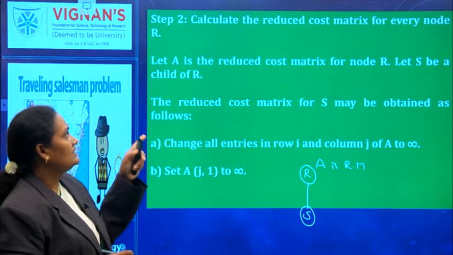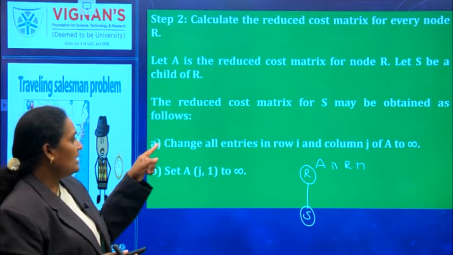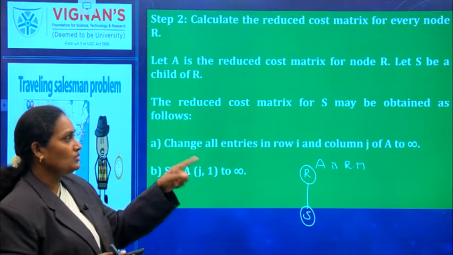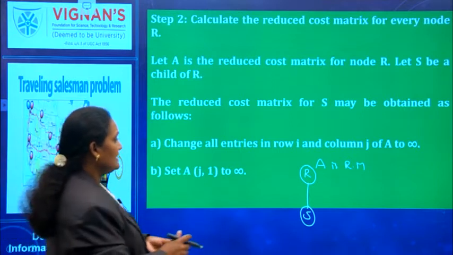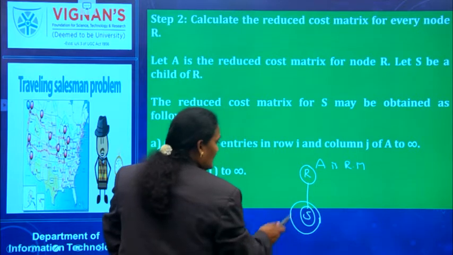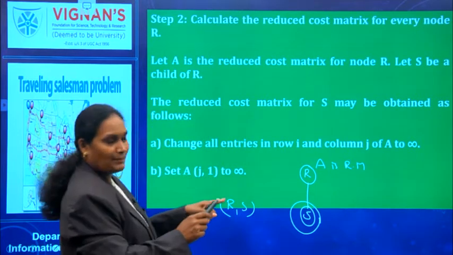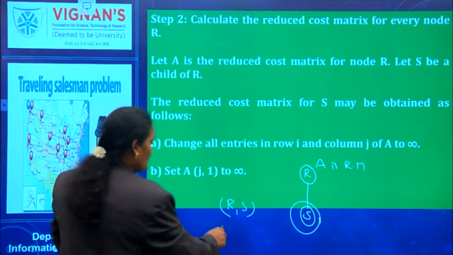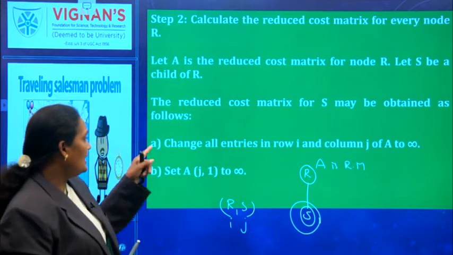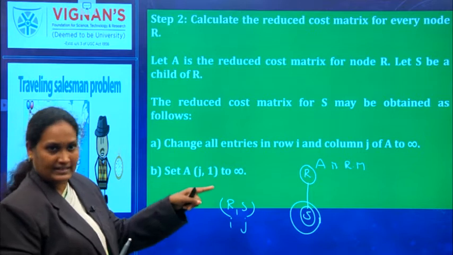Now, how to find the reduced matrix at every node? If you want to find the reduced matrix at S, that is, the reduced matrix for the path RS, consider this as I and this as J. Change all entries in row I and column J of A to infinite.